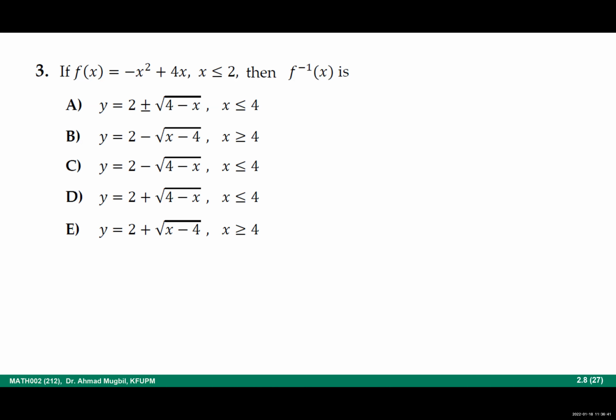It is D. According to your solution, it is D. We have two C's and one D. C, are you sure? Well, C, I don't think so. We will see if it is C.